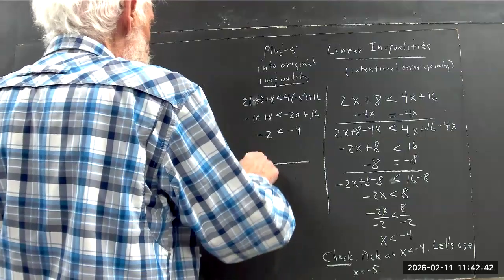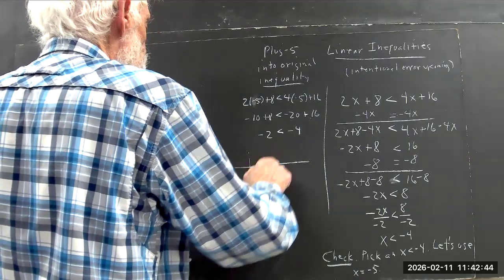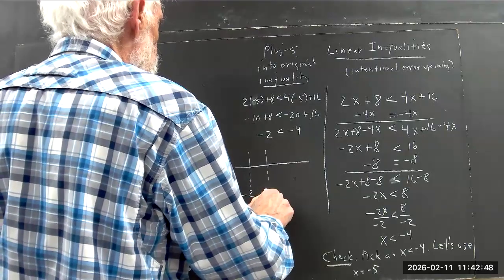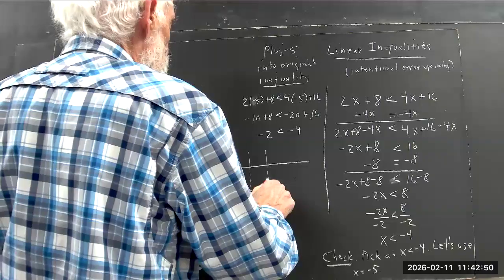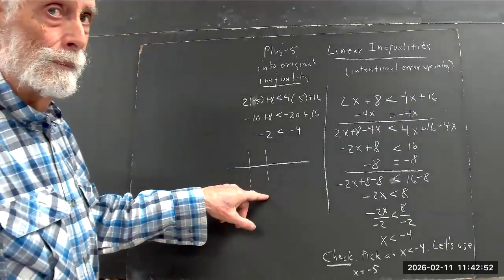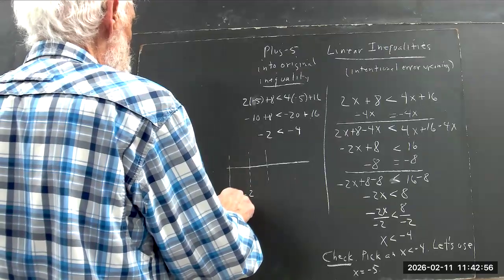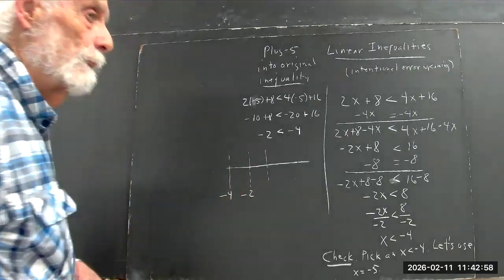Okay, so on the number line, if -2 is here, then is -4 here? No, -4 is to the left of -2. Okay.